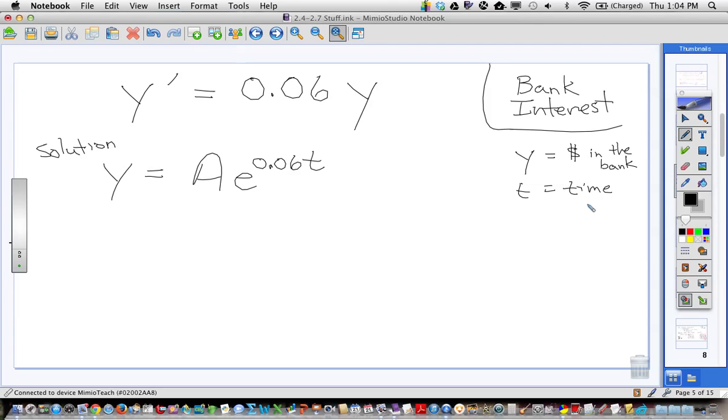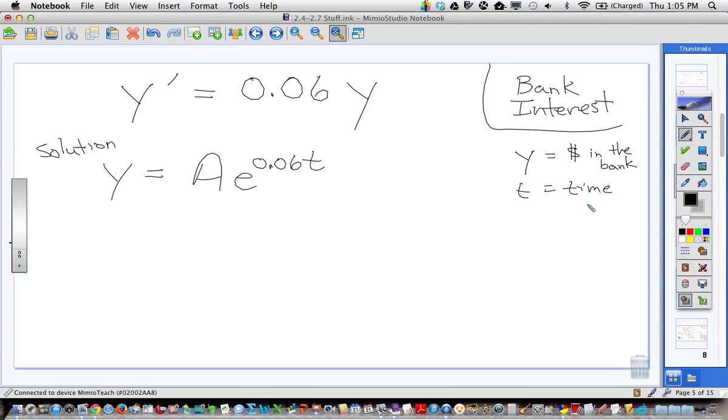This describes what's happening to my money, but if I want to know how much money I have after 5 years, can I plug a 5 into this equation? No. It's not much value for doing that. I need this equation to tell me how much money I have. I can plug a 5 into this equation if I know how much I started with, so I'd need to know what A is. I'd have to give you some more information so you can find what A is.